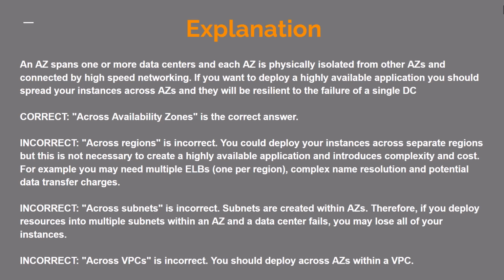Incorrect. Across subnets is incorrect. Subnets are created within AZs. Therefore, if you deploy resources into multiple subnets within an AZ and a data center fails, you may lose all of your instances. Incorrect. Across VPCs is incorrect. You should deploy across AZs within a VPC.